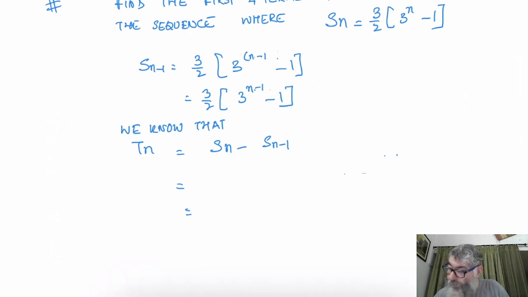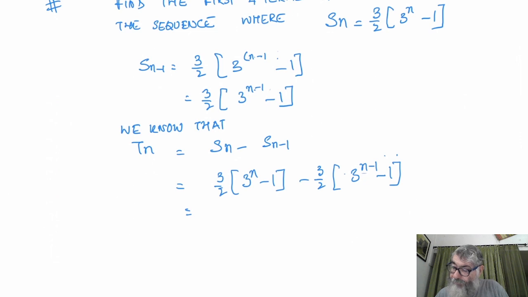Okay. So Sn is 3 by 2, 3 to the power n minus 1 minus 3 by 2, 3 to the power n minus 1 minus 1, because it will become n minus 1.